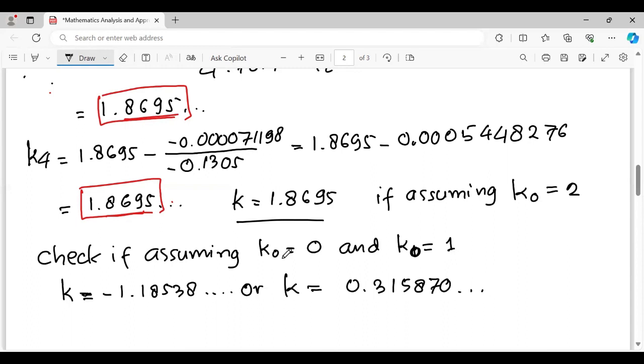Please check. I have calculated about this one and this one.